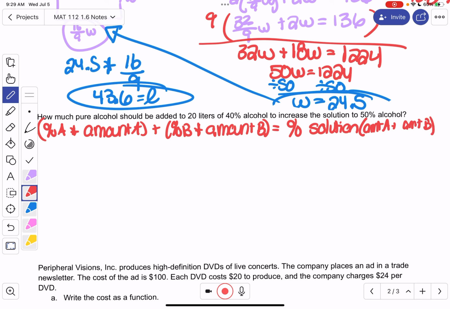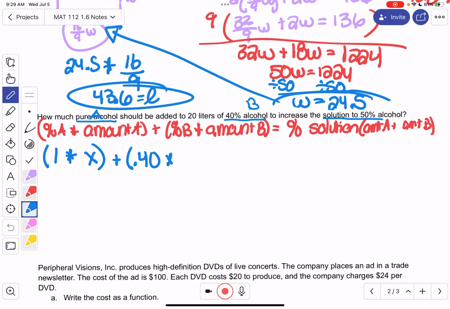So now let me tell you what that means. So pure alcohol, we're going to call that A, should be added to 40% alcohol, that's B, and then we're going to make a solution. So pure means 100%. So 100% as a decimal is 1, times how much pure alcohol, we don't know, so we're going to put an X. Then we do the 40% alcohol, so 0.40 as a decimal, times the amount of that, so that's 20 liters.